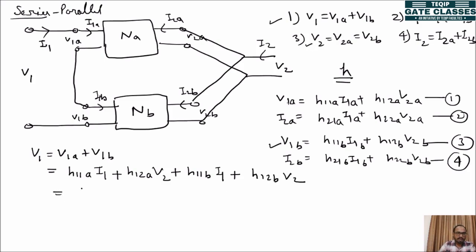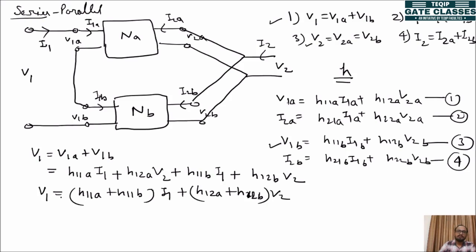Now take common, you will get H11A plus H11B times I1 plus H12A plus H12B times V2.